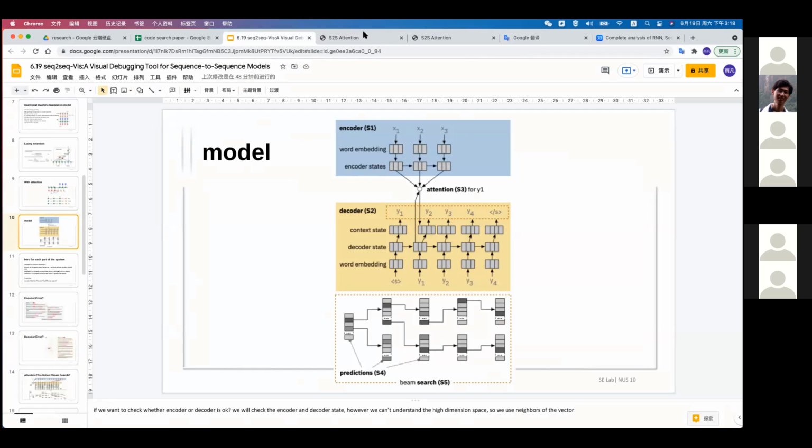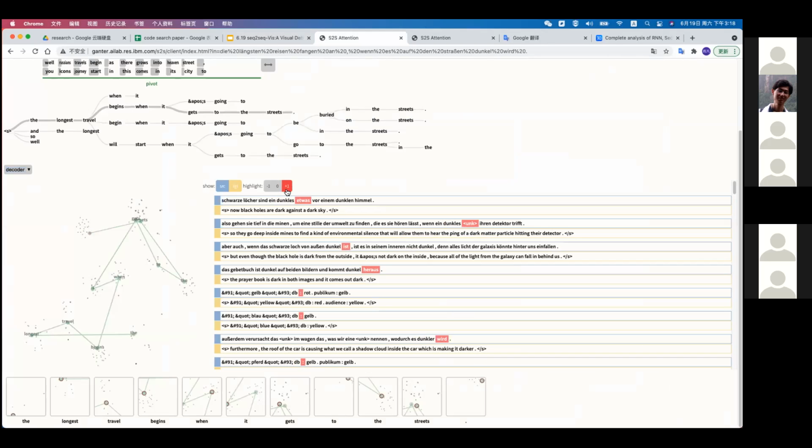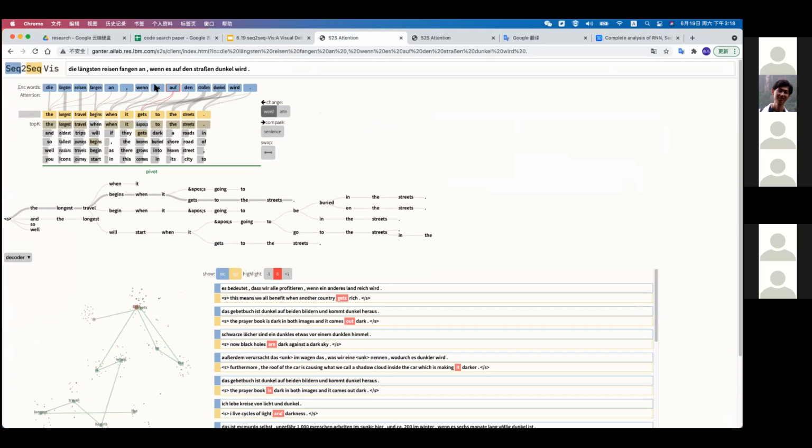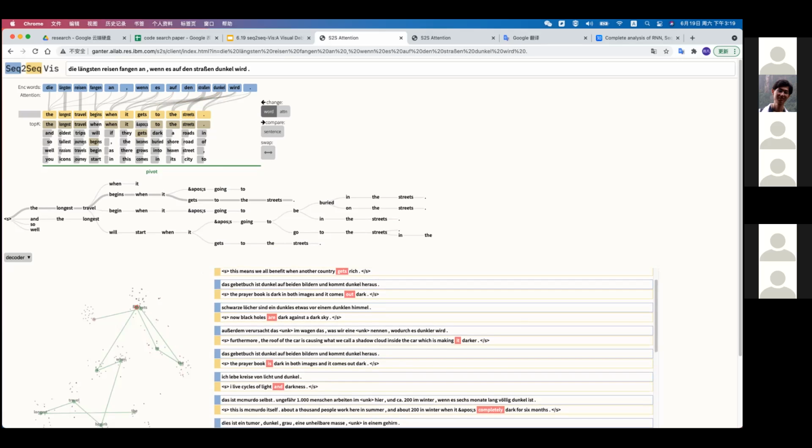Here we check the word "get", because the sentence is "get to the street". We want the next step after "get" to be "dark", but not "to".